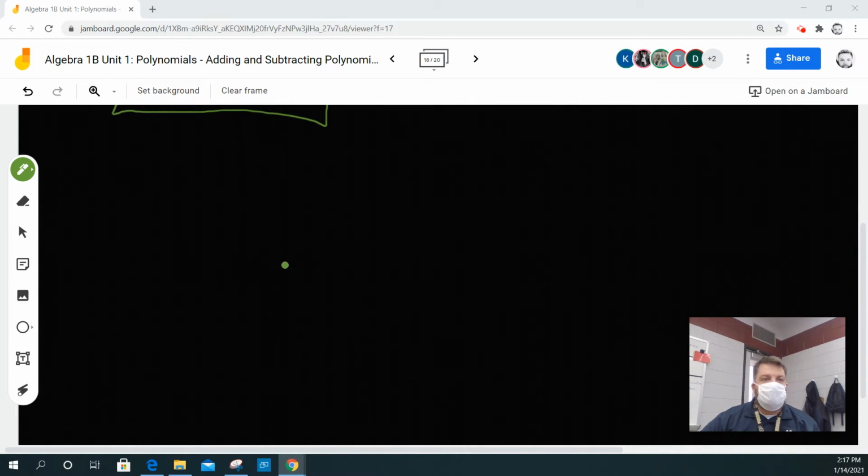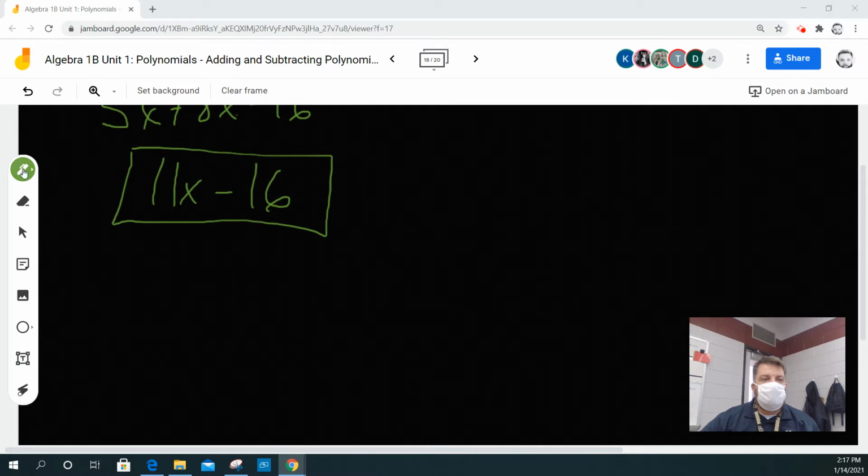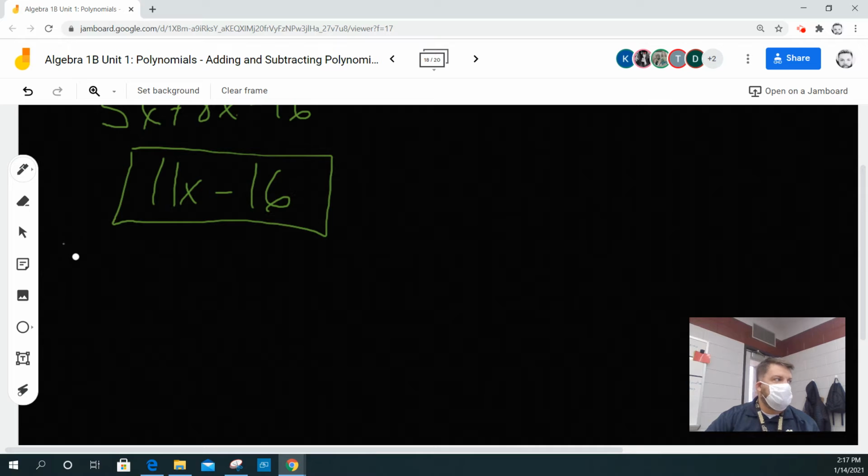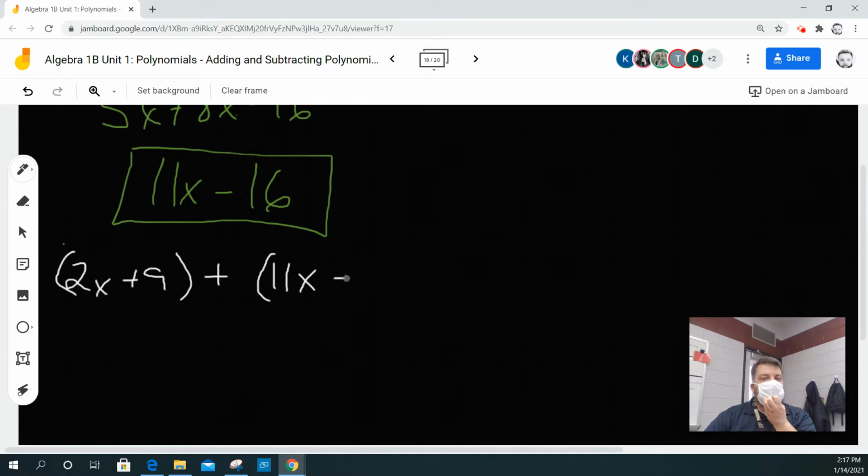Let's try another one real quick. Let's try this one. What do you think of this problem? If I say 2x plus 9 plus 11x minus 4. Well, this is the same thing as before.